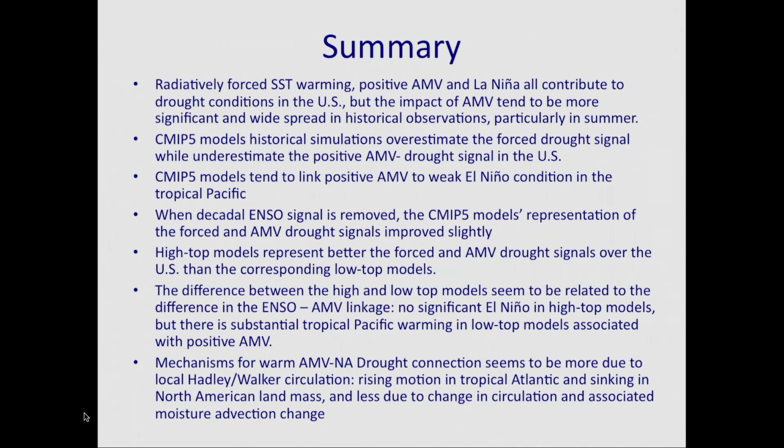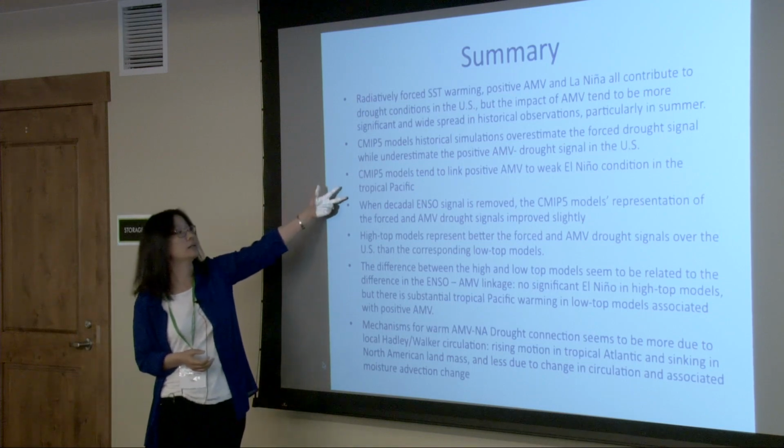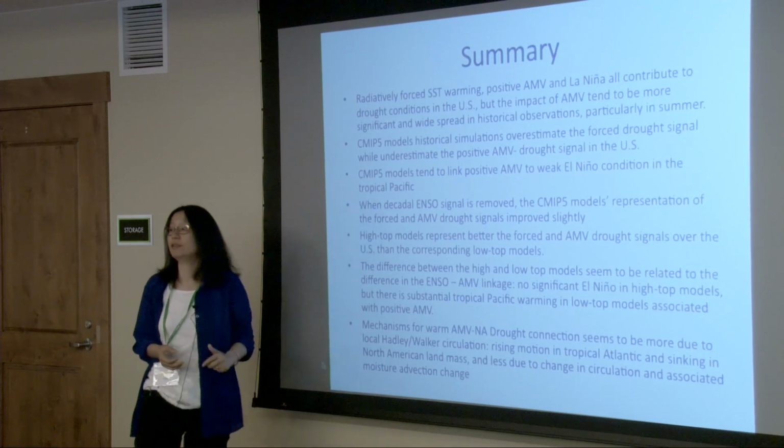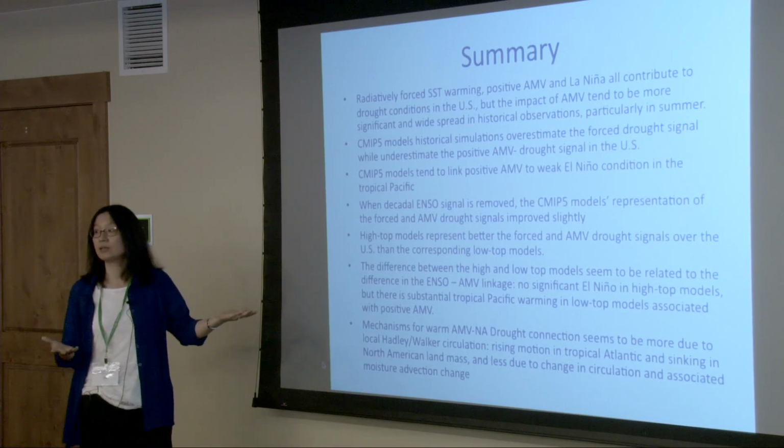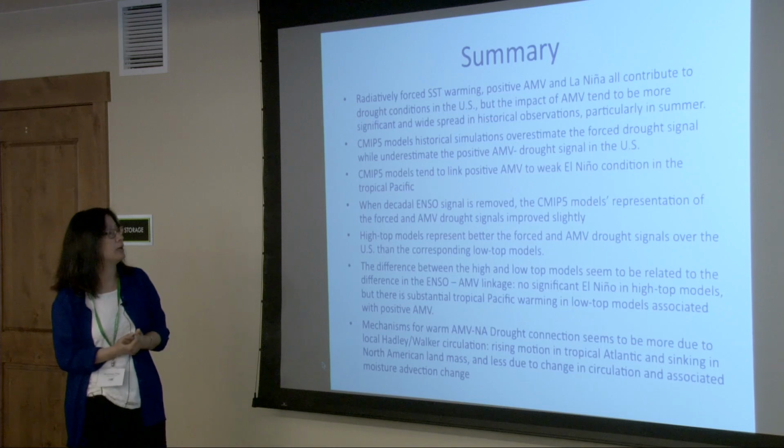And the models tend to overestimate the forced component and underestimate somewhat the AMV component, which is partially because models tend to link positive AMV to weak El Nino condition in the tropical Pacific. Removing that ENSO signal helps, but does not really solve the entire problem.